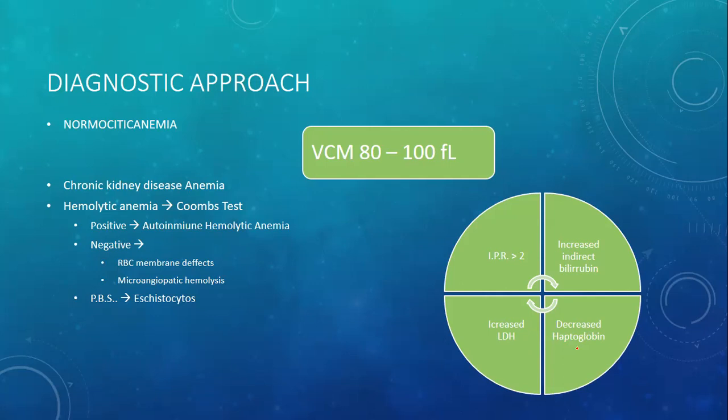It's a protein that is produced in the liver and helps to transport iron, okay? So when this is decreased and the LDH, this is an enzyme, is increased, and an increased indirect bilirubin, and we have an IPR higher than 2, we can think of these diseases, okay? Especially in hemolytic anemia.